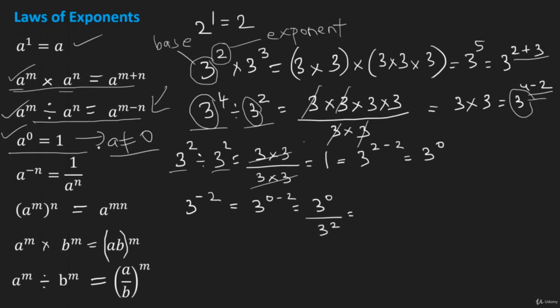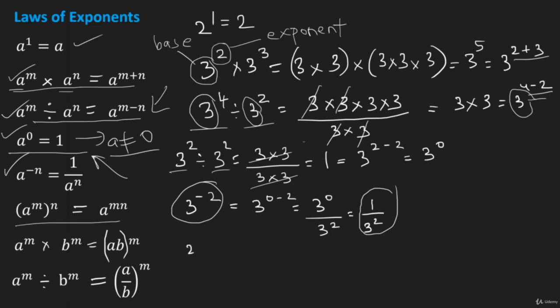And based on what we learned over here, I know that 3 to the power 0 is nothing but 1. Therefore, this expression over here becomes 1 divided by 3 to the power 2. That's what we learn over here. a to the power minus n is nothing but 1 by a to the power n. Alright, 3 to the power minus 2 is equal to 1 by 3 to the power 2. Alright, now let's go to the next law.